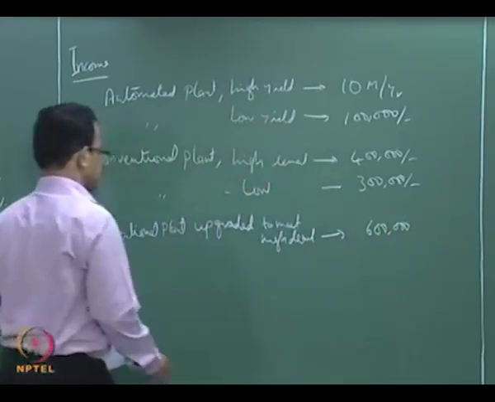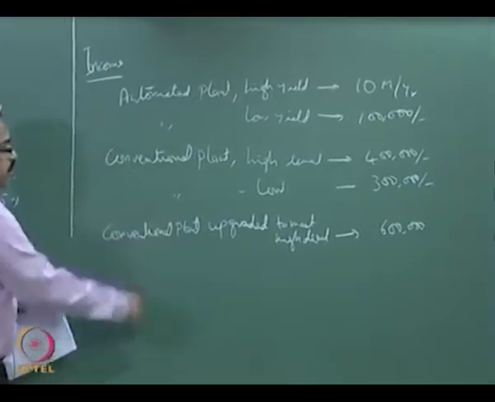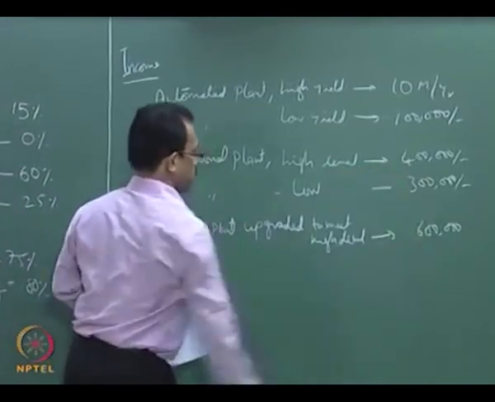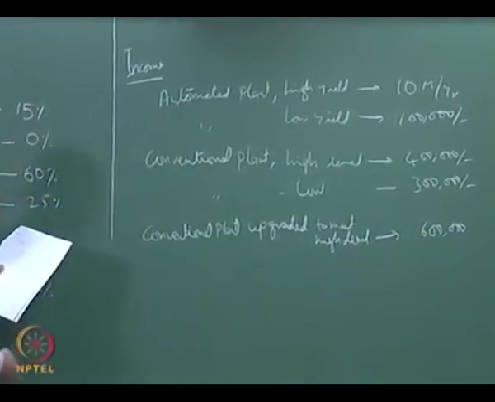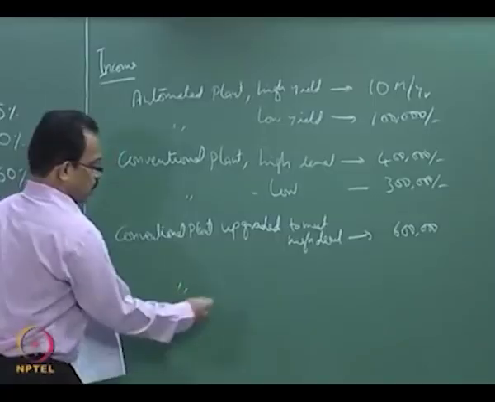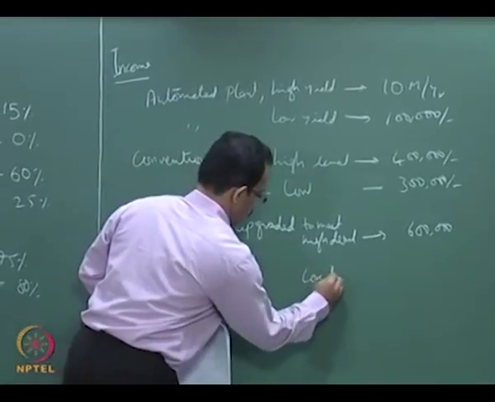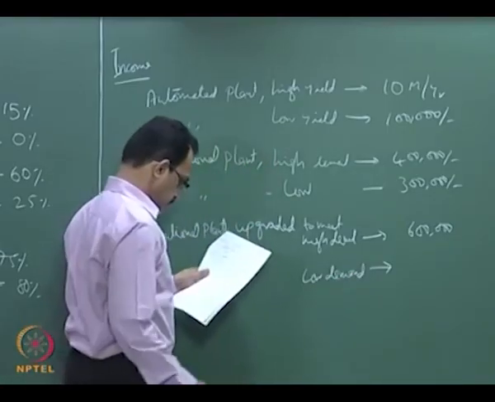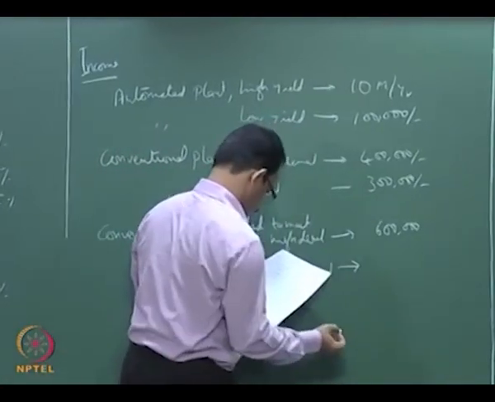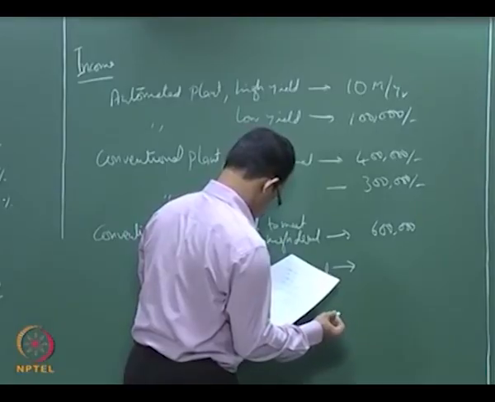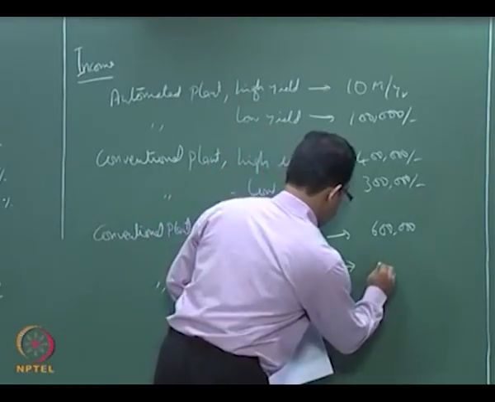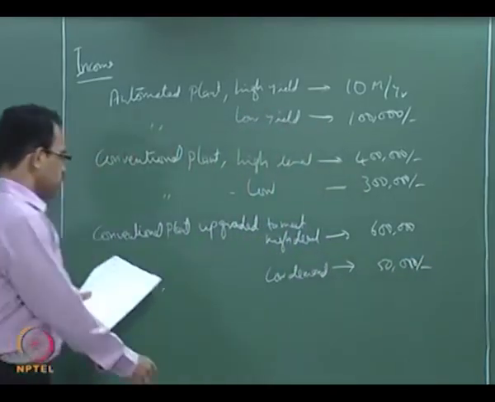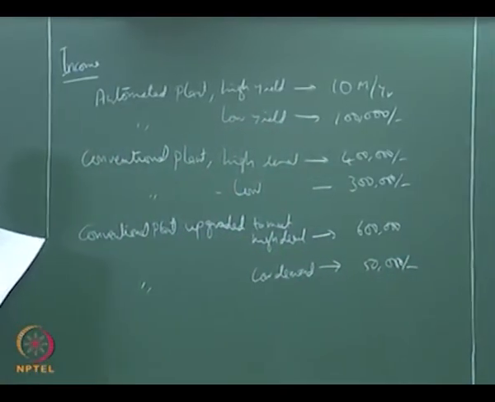That means after 2 years if you change this to an automated plant, this 400 will become 600 with high demand. And in the same situation, low demand, you upgrade it but the demand is low, then the revenue will be lower. So these are the estimated revenues.